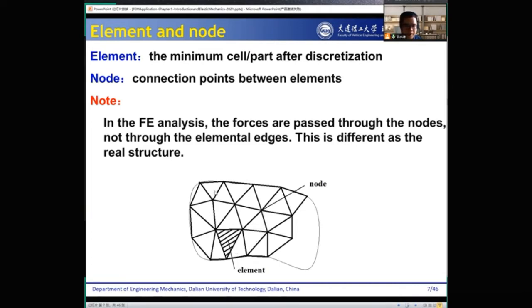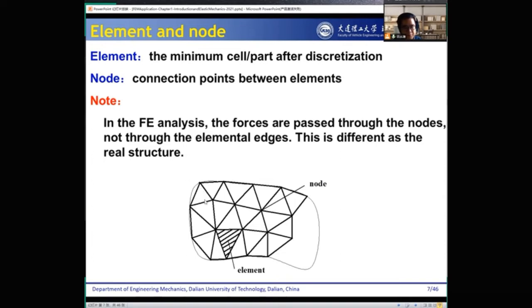You should know what happens if we increase the number of elements, because you may notice the problem here. This curved line is the actual geometry of the object. But when we use the finite element method, we use triangles to match the object, so there is some kind of error or discrepancy between the actual geometry and the matched elements. How do we reduce this discrepancy?